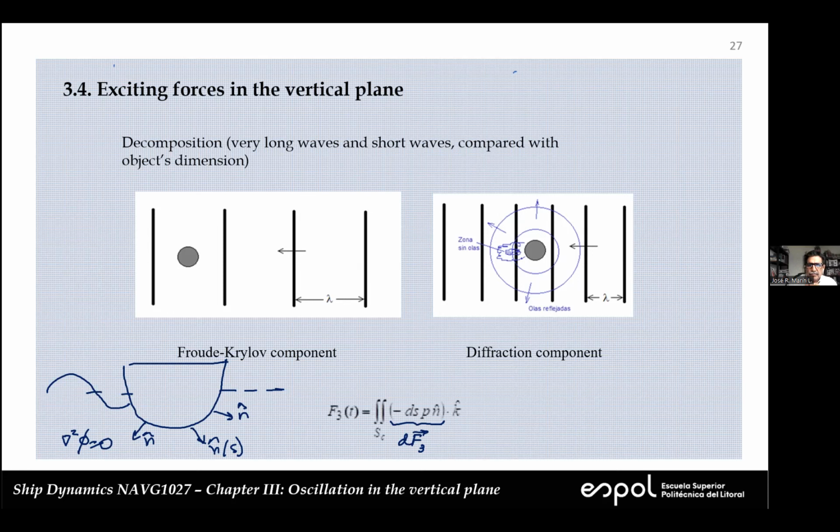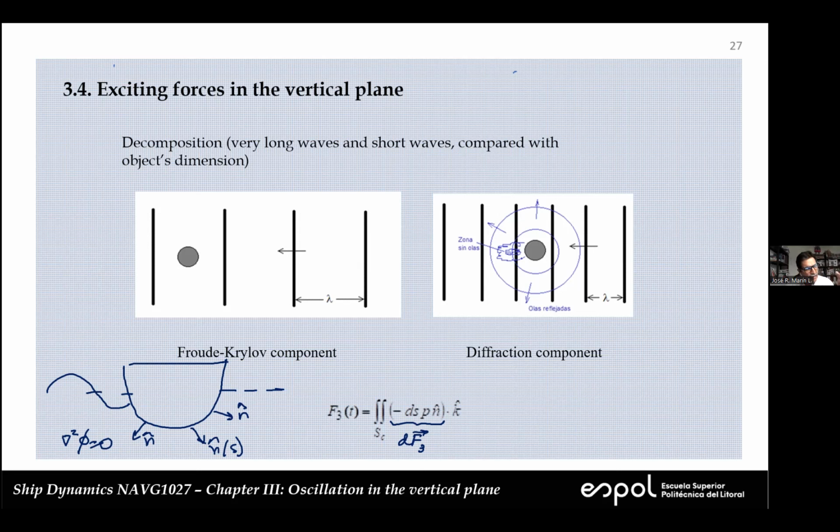So this is a general expression for the vertical component, okay? We multiply pressure times dS, that's the amplitude of the force. If we multiply by n, that gives you the vector characteristic of this force. In this case, n is pointing towards the fluid, okay?